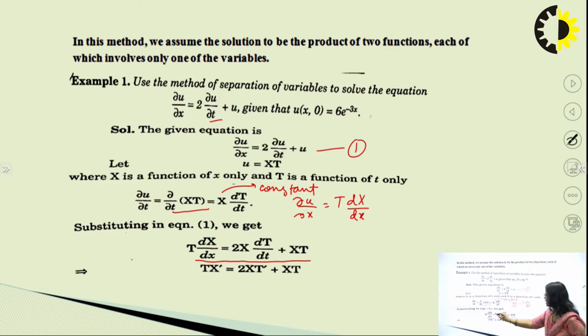This dX by dx is denoted by X dash, and this dT by dt is denoted by T dash. So, we get this equation: T X dash equal to 2X T dash plus XT.